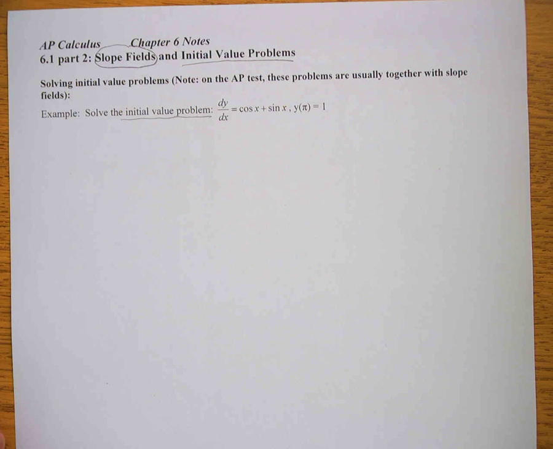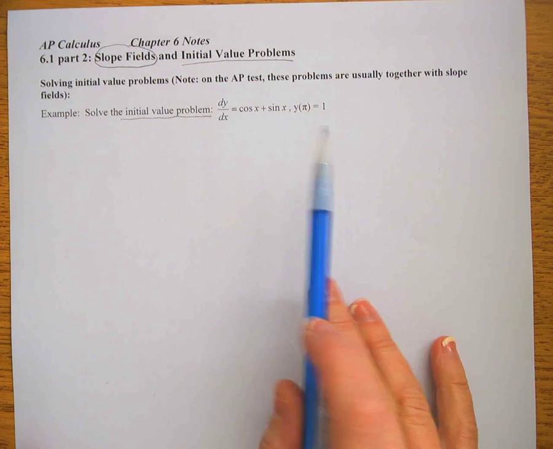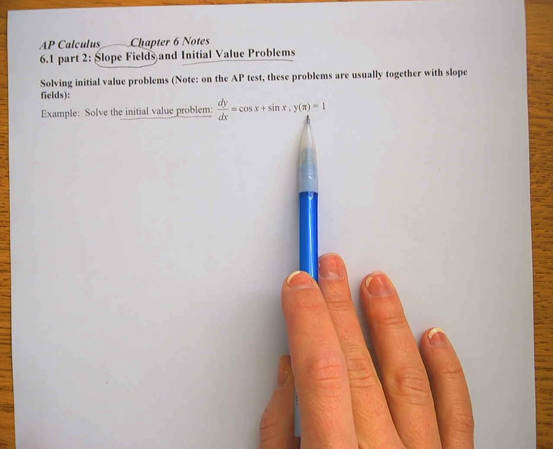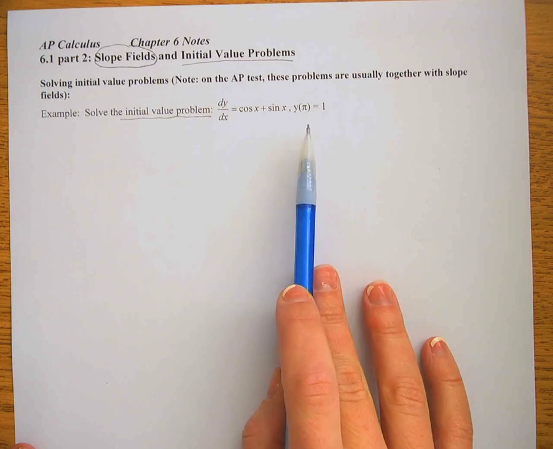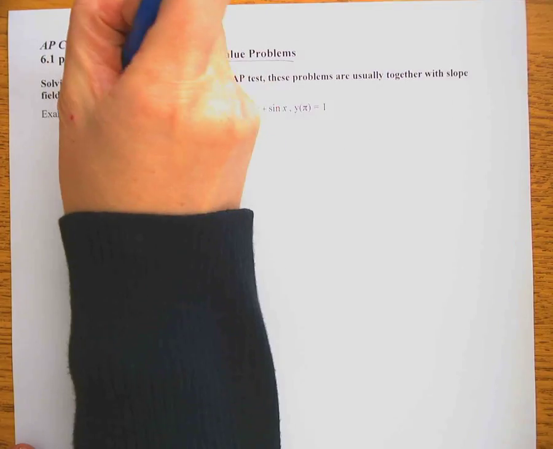So basically, we talked about this at the beginning of part 1. An initial value problem is when you need to first find an antiderivative, and then you need to plug in the initial value, which is this thing right here, to figure out the specific solution for y, because we're basically solving for y.